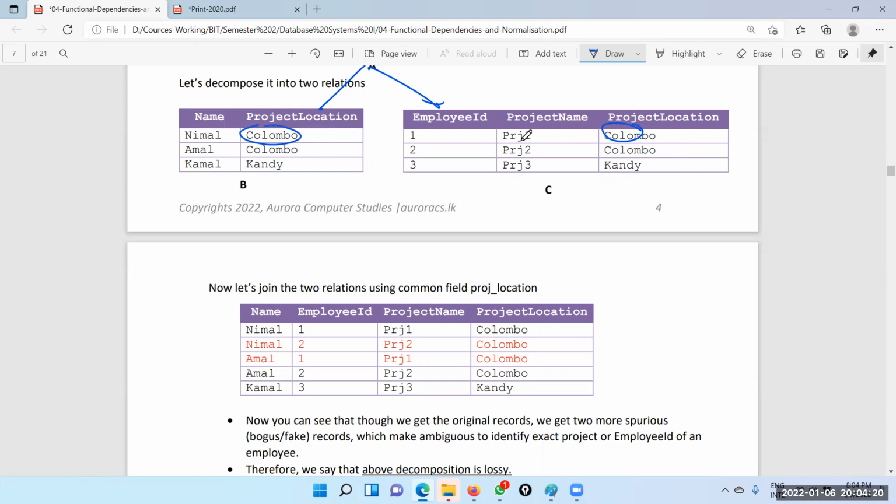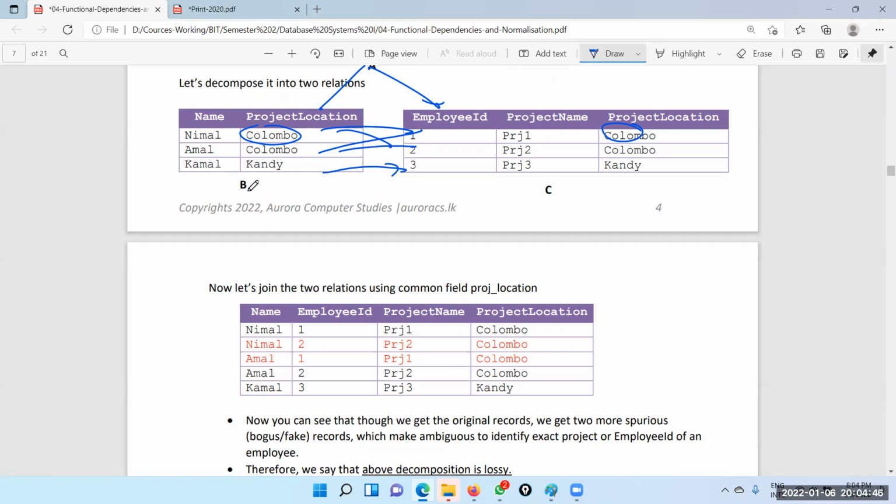Maybe Nimal Colombo project 1, okay, that is one possibility. Then Nimal Colombo project 2. Then Amal Colombo project 1, Amal Colombo project 2, and Kamal Kandy project 3. How many records do we get? 2, another 2, 4, and 5.